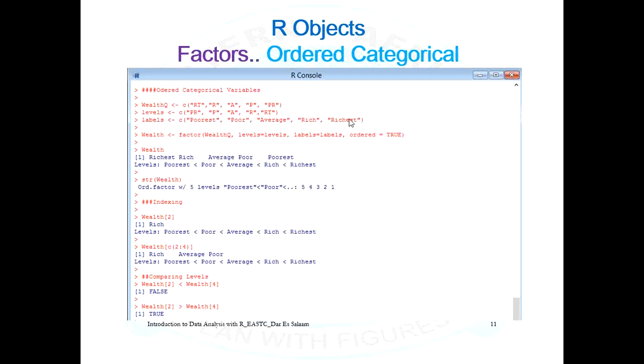Now, if you need to make that particular object an ordered variable, then you need to set the ordered argument equal to how much? To true.